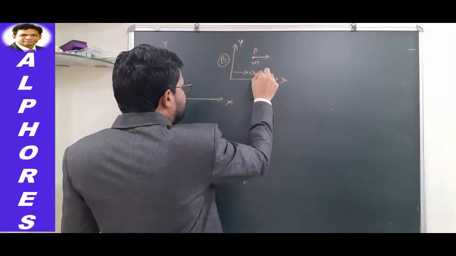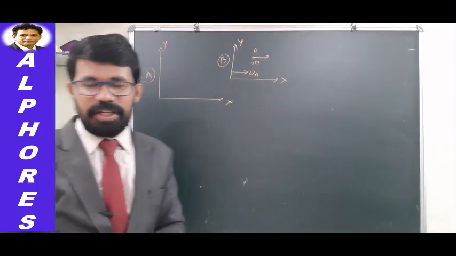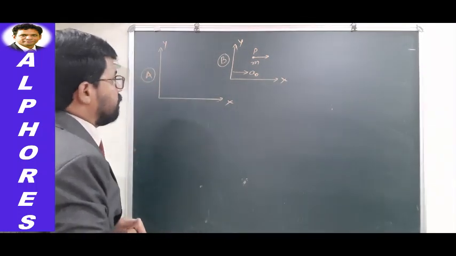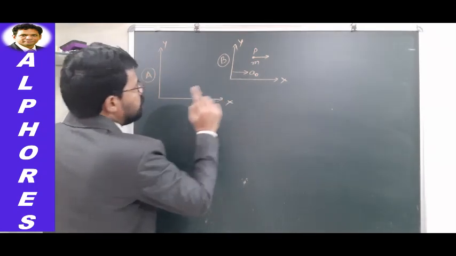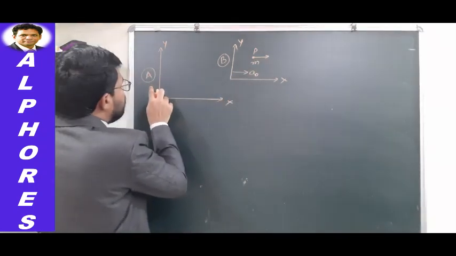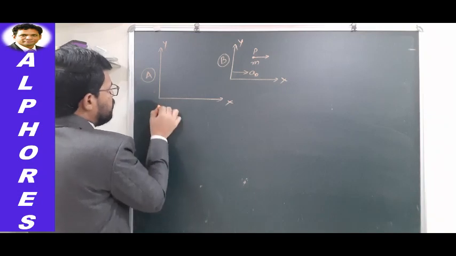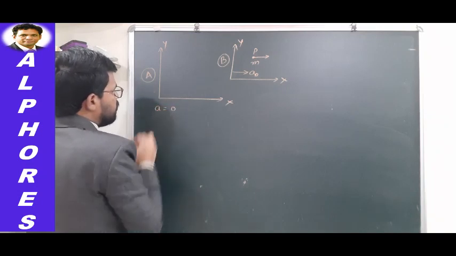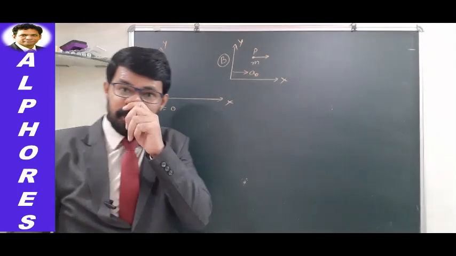Let us consider it like that. Now I'm going to talk about the acceleration of this particle P with respect to coordinate system A. Here this coordinate system A is an inertial frame of reference. Its acceleration is 0.